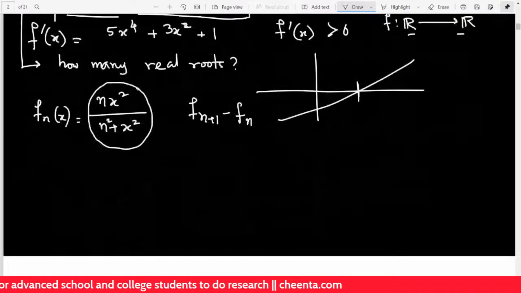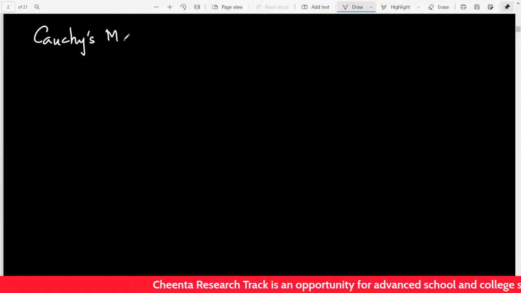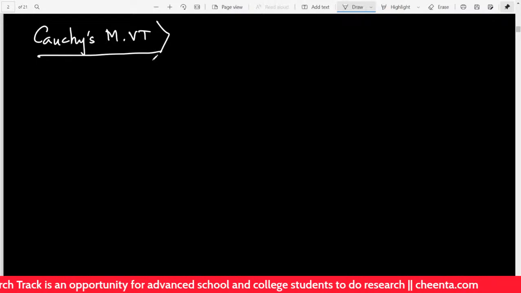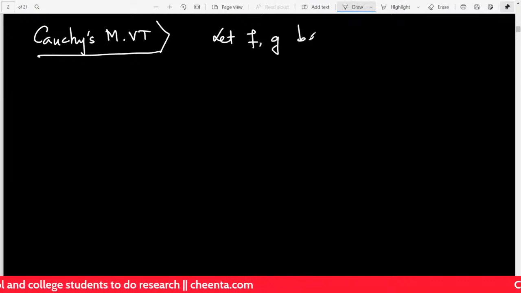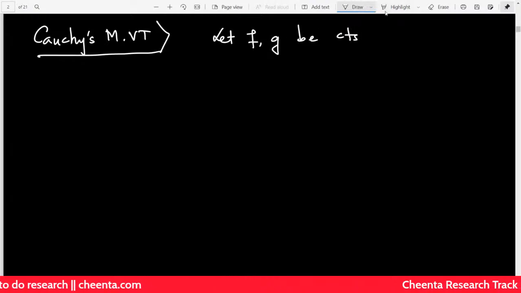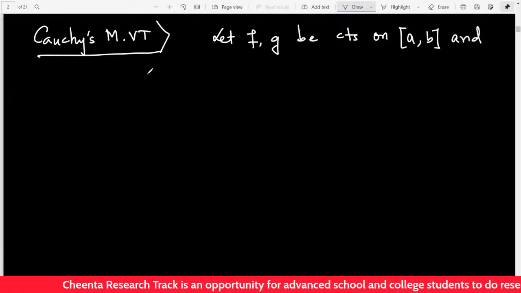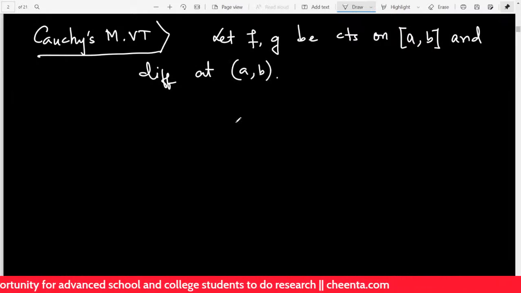Okay, so that's what we have before Taylor's theorem. Just before that, I will convey one theorem which is not that famous, but it is very helpful. That is Cauchy's mean value theorem. Let f and g be continuous on the closed interval [a, b] and differentiable on the open interval (a, b), both of them.